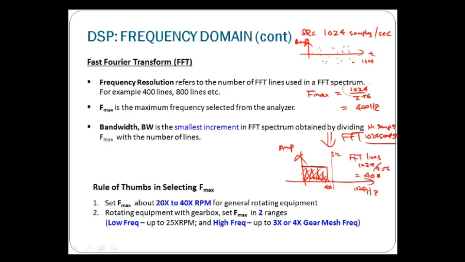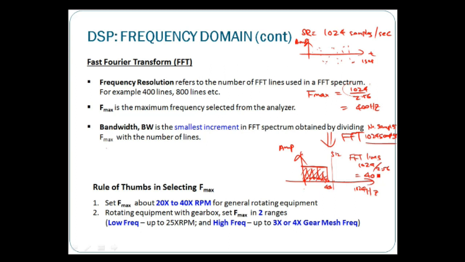Meaning under your useful frequencies, 0 to Fmax, in frequency domain you have 400 lines, referring to the samples that can build your frequency spectrum or domains.